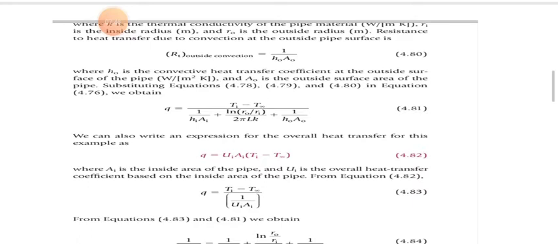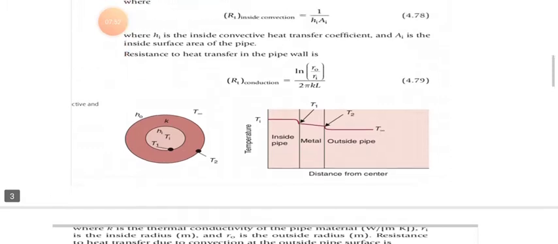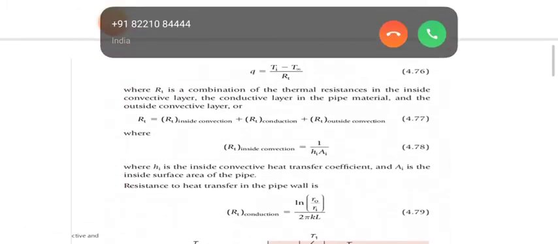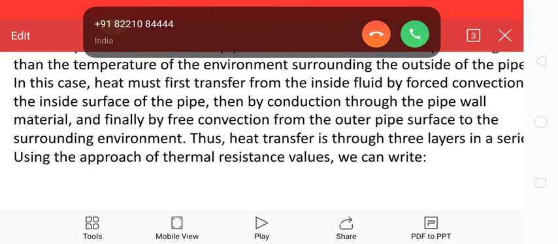Now what I have done here is placed all the values. Above I defined one equation, Q equals (Ti minus T infinity) upon RT. Now RT has been defined here.